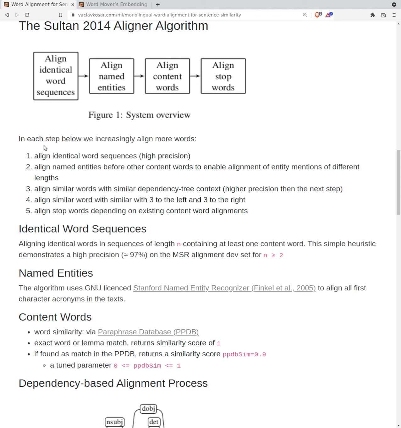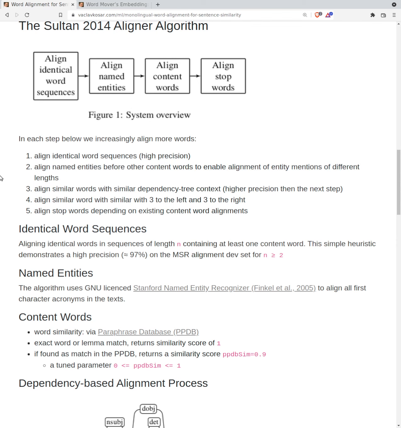So there are these 5 steps that increasingly align more words. First we start with the identical word sequences. If we have some window of same words, you align them. You align the word, I think, in the middle, or all of them. I'm not sure now. But in principle, it makes sense, right?